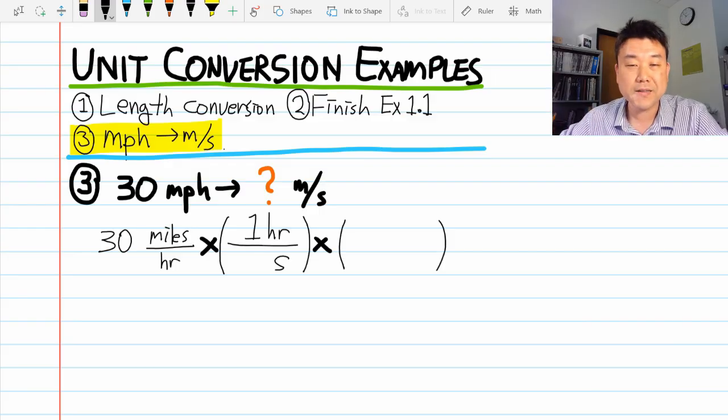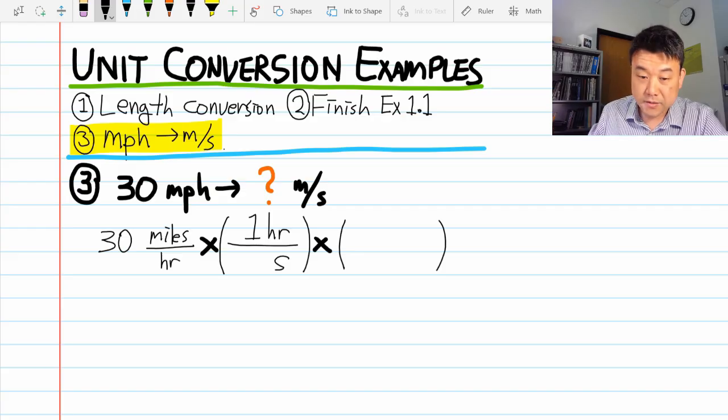If you have it memorized as 3600, great, good for you. If not, this is the consideration you have to go through. Okay, how many seconds in a minute? Well, 60 seconds in a minute. How many minutes in an hour? 60 minutes in an hour. So the number of seconds is going to be 60 times 60 seconds. And I can just do that in the calculator later.